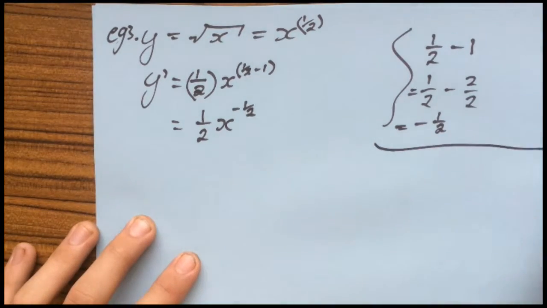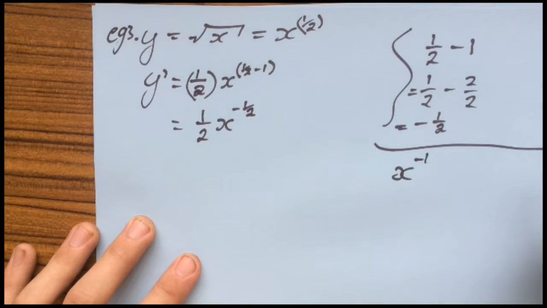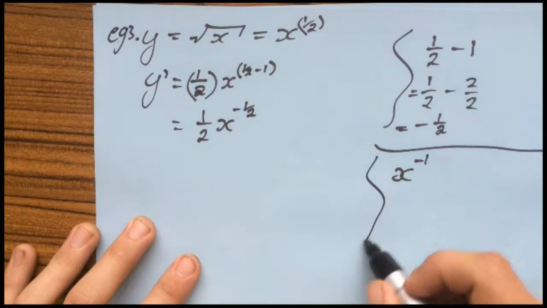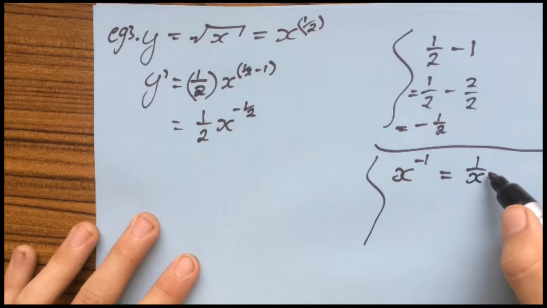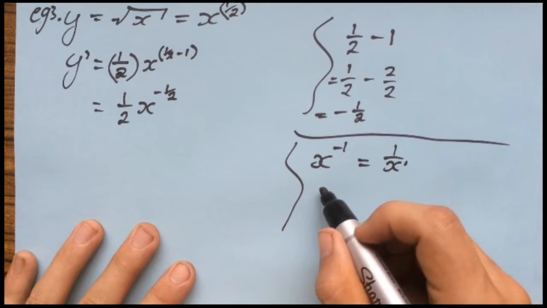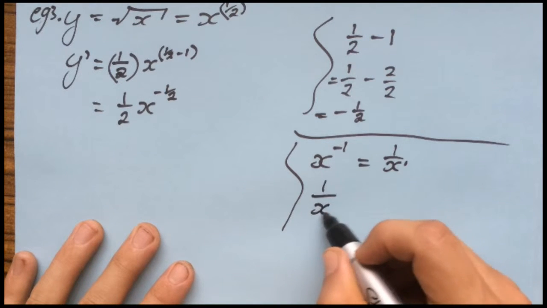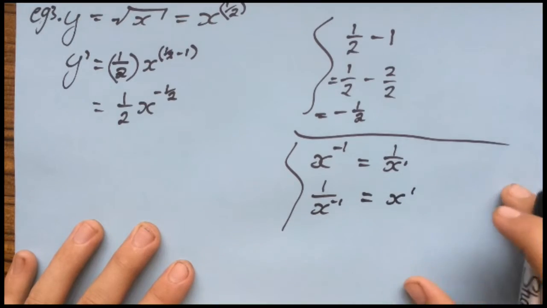Okay, so in case you don't know, when you have x to the power of a negative, let's say negative 1, that will equal the same as 1 over x to the power of 1. And when you have 1 over x to the power of negative 1, that will equal the same as x to the power of 1.